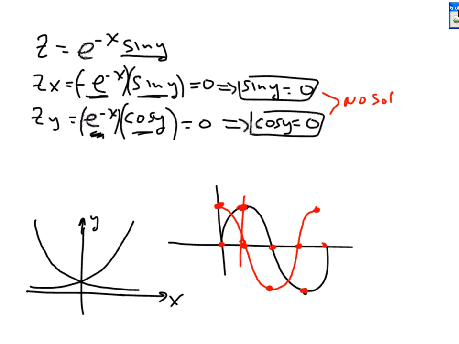No solution, which implies no critical points. Graph doesn't have any critical points. Wouldn't mind seeing what it looks like personally.